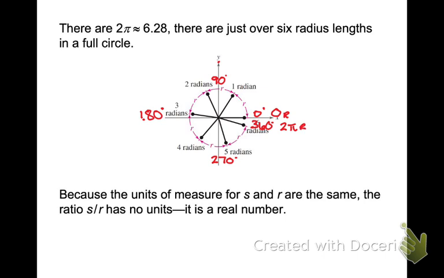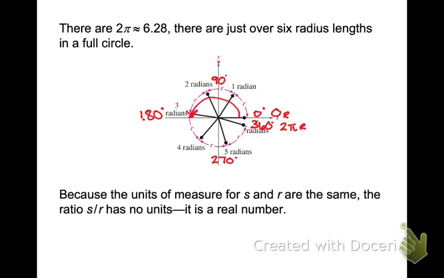So what would 180 be in radians? If 360 is 2 pi, no, not one and a half, right here.